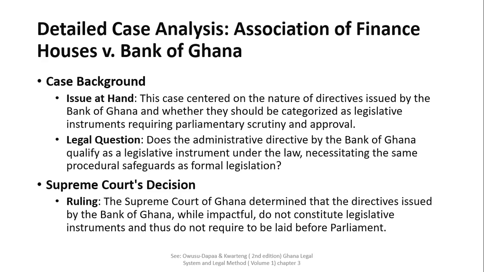Well, the Supreme Court ruled that the directive issued by Bank of Ghana, despite the fact that it has far-reaching consequences or impact, does not constitute a legislative instrument. And for that matter, it does not have to be laid before Parliament.